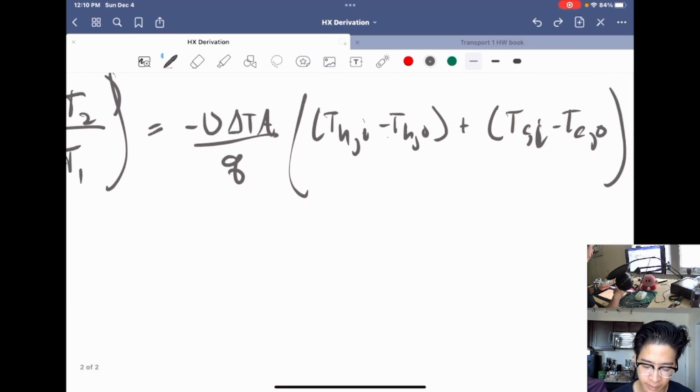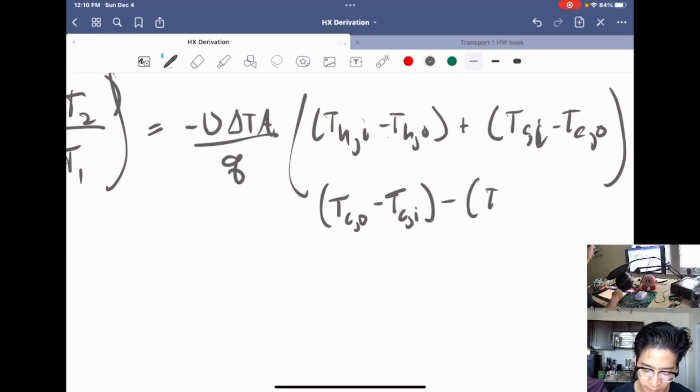Okay, we can say that this is equal to the temperature of the cold stream out minus the temperature of the cold stream in, minus the temperature of the hot stream out minus the temperature of the hot stream in. And this can be described as delta T2 minus delta T1.